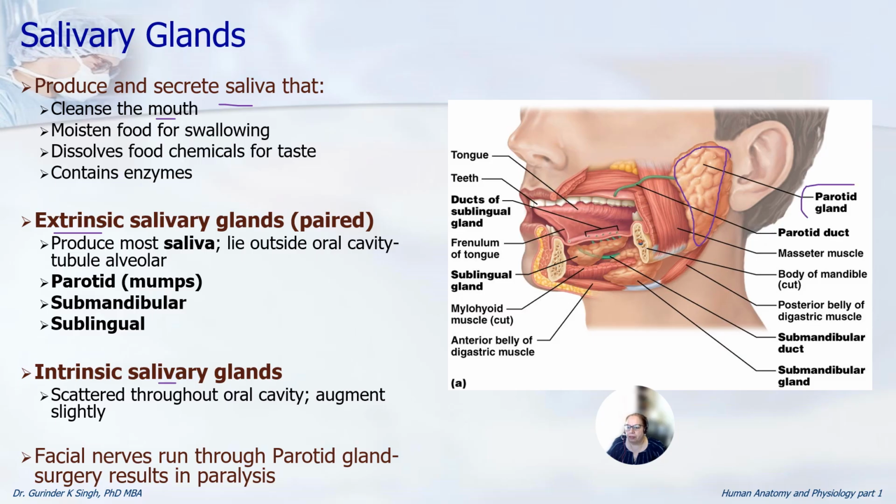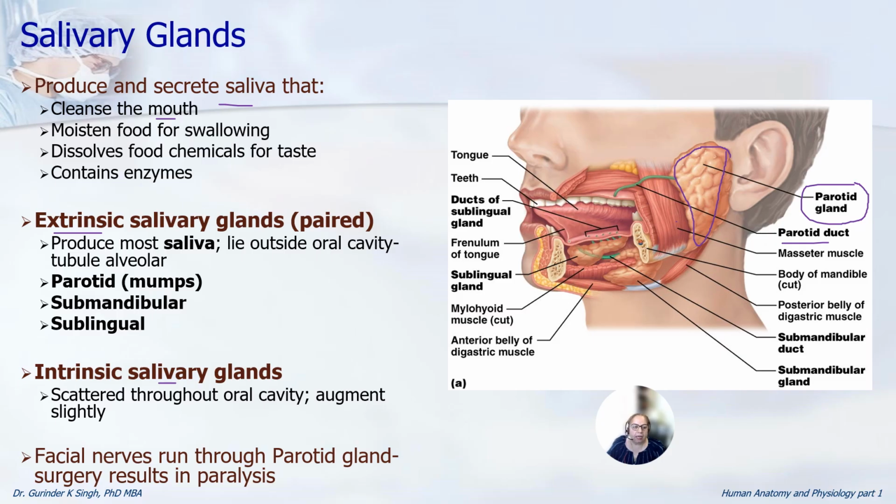It is connected to the mouth cavity through the parotid duct, which passes through the masseter muscle and then the buccinator, the innermost muscle, which helps you pull your cheeks inside.